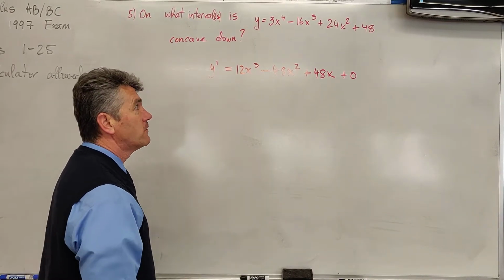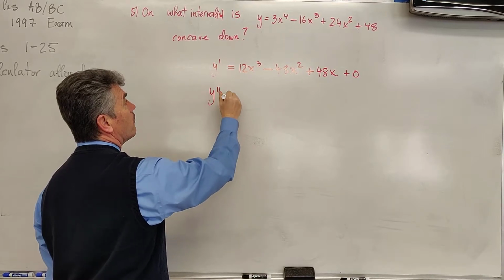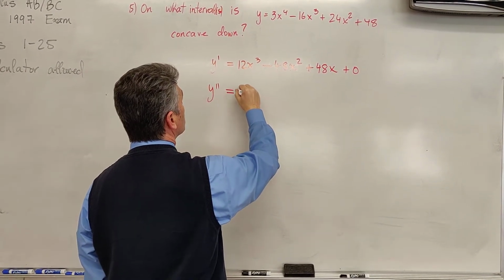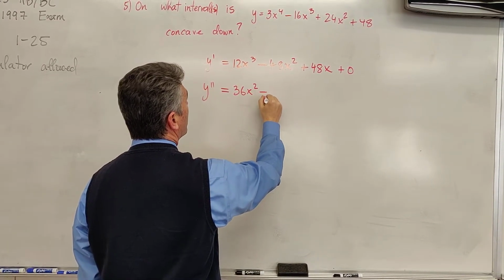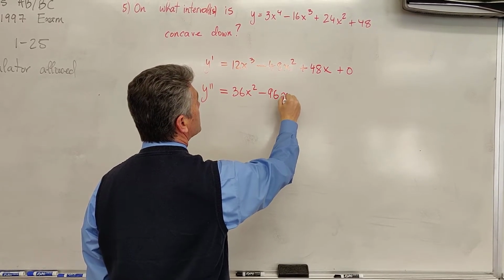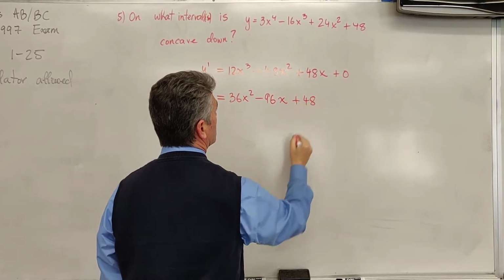We're done with the first derivative. We now move on to the second derivative. Y double prime is equal to 36x squared minus 96x plus 48.